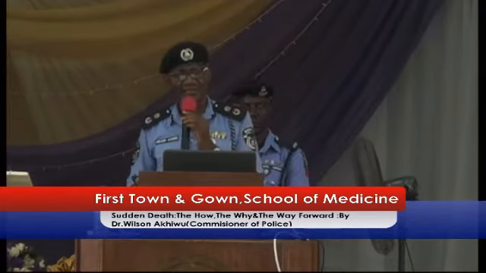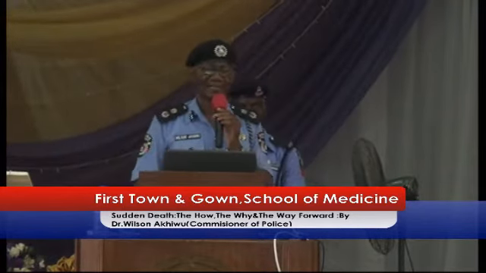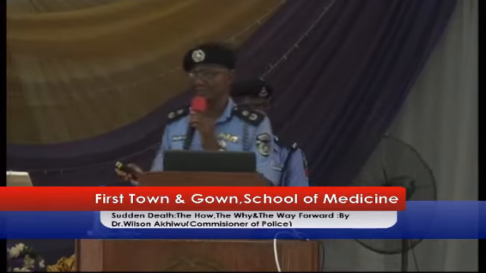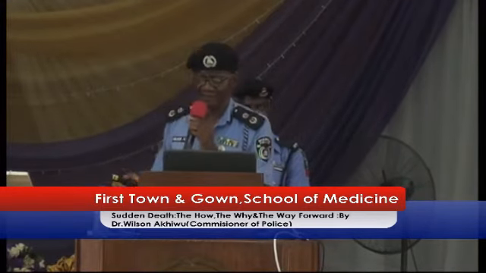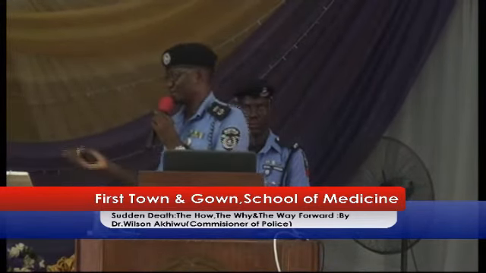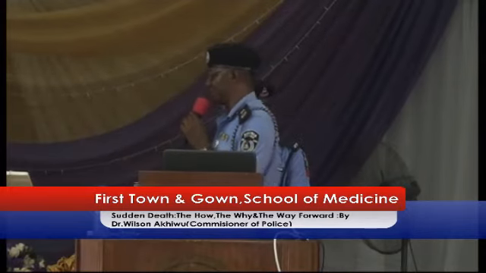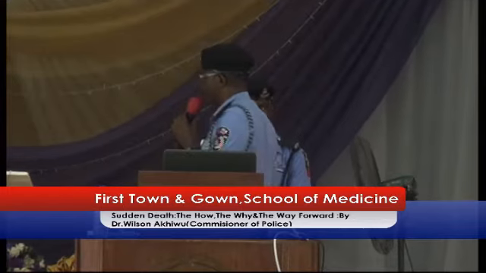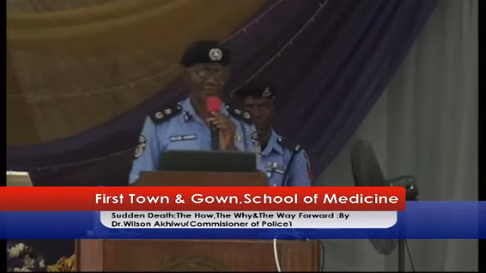The second category is that of unexpected death of a patient that is on treatment but is not really that ill. For example, you are treating somebody for malaria and somehow you just say, okay, let me admit you and observe you for some time. And before you come back in the evening, the person is dead. And the person is not known to have had any other problem.